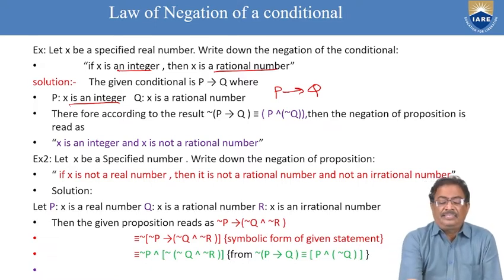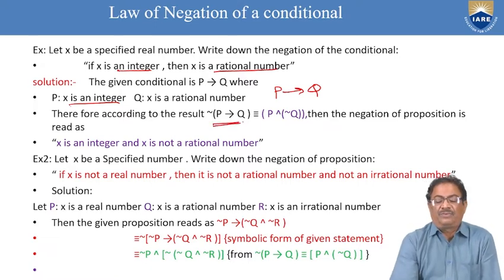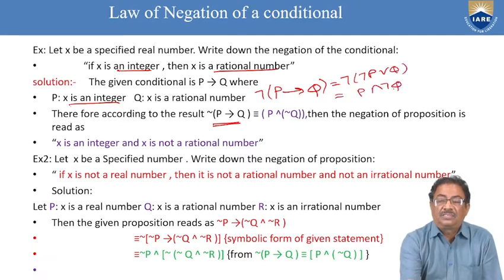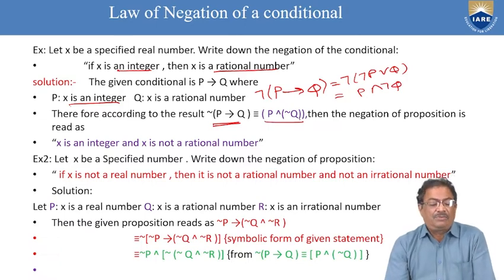Then we take the negation for that. So the negation of this is equal to the negation of negation P or Q, which is equal to P and negation Q, which we solved earlier. So this is nothing but this, and both are logically equivalent.